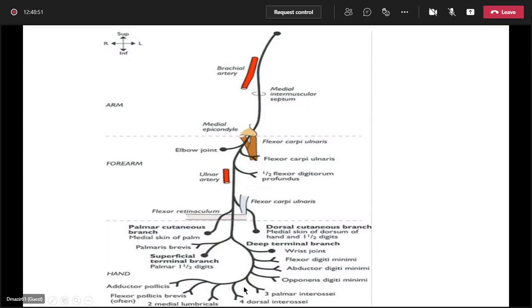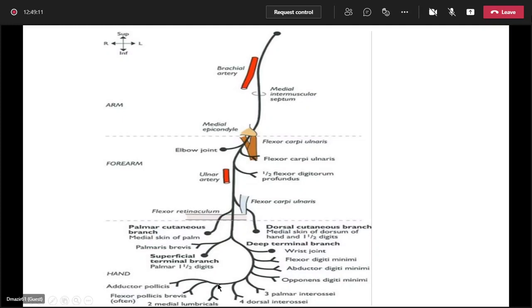Then it is supplying the other intrinsic muscles of the hand, which are the lumbricals and the interossei. So it is giving a muscular branch to the third palmar interosseous and the fourth dorsal interosseous also.